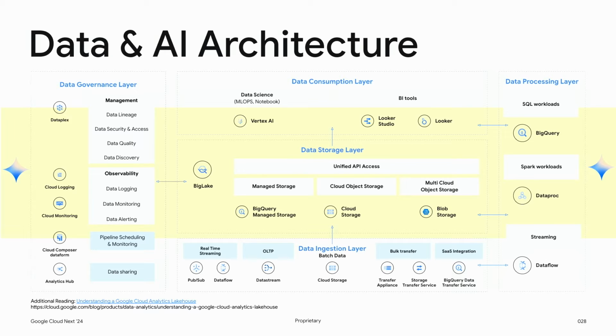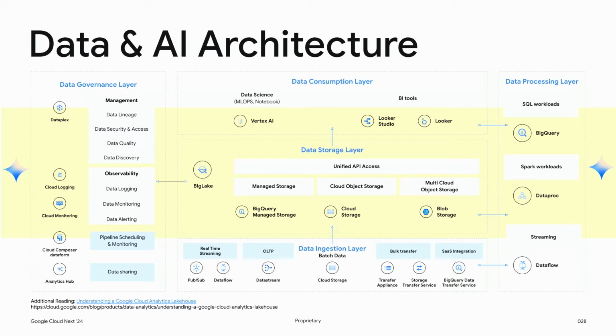We're also providing a number of different data processing engines, depending on the type of workload that you're dealing with. BigQuery provides a very high scale, very fast SQL-based execution engine. Dataproc gives you the power of Spark. We have Dataflow, which gives you Beam and streaming capabilities.